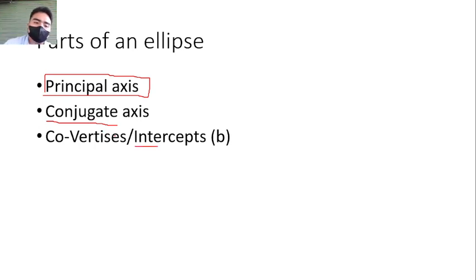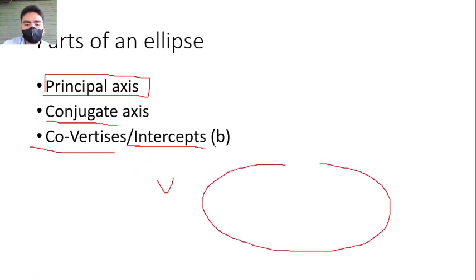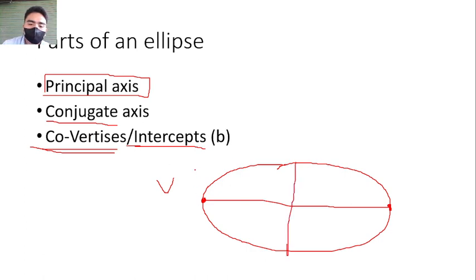Then, if we say intercepts or co-vertices, vertices could be found on the axis of symmetry or major axis. So, that means co-vertices could be found at the minor axis. Okay? And we could call them intercepts as well. Okay? So, we have the letter B.